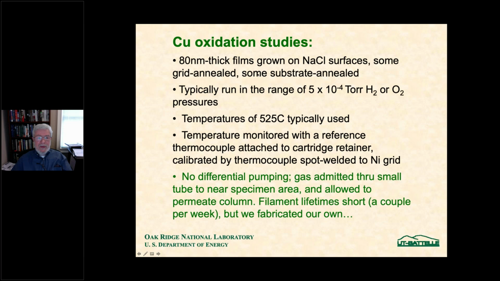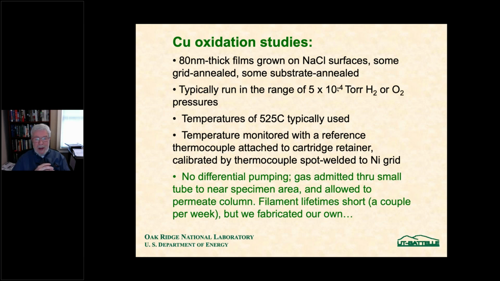For copper oxidation studies in those days, we looked at 80 nanometer thick films that were grown in a vacuum system on sodium chloride surfaces, some grit annealed, some substrate annealed. We used a measured 5 by 10 to the minus 4 torr of either hydrogen or oxygen in the column, letting this gas into the entire column.